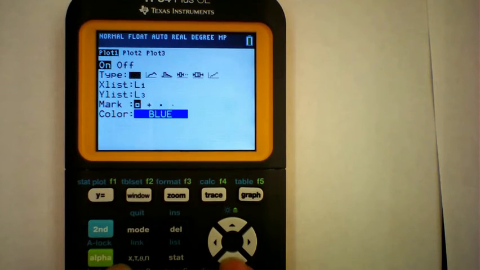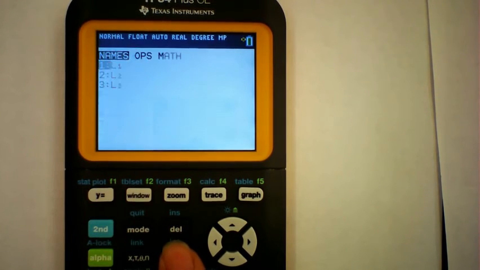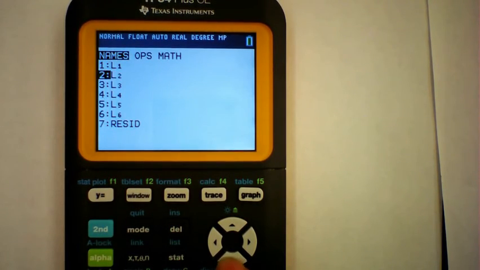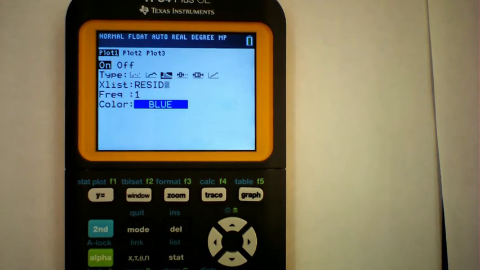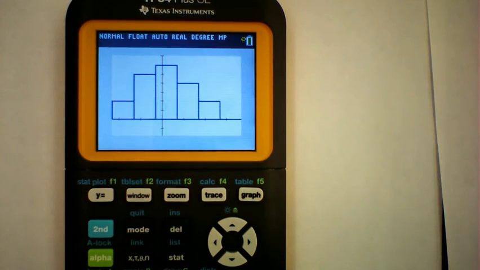You need to graph the histogram of your residuals. Now to call in that name, hit second and stat to get to the lists and just click on resid. Look at that. So much easier. Gosh, if only somebody told us this before. Zoom 9. And there you go. That is looking spot on symmetrical, doesn't it?